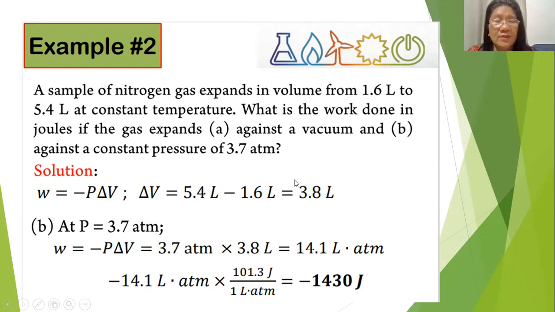That is equivalent to 14.1 liter atmosphere. And we go back to our unit. We already know that 1 liter atmosphere is equivalent to 101.13 joules. So the liter atmosphere cancels and what remains is joules. It is negative because the formula is negative P multiplied by change in volume.